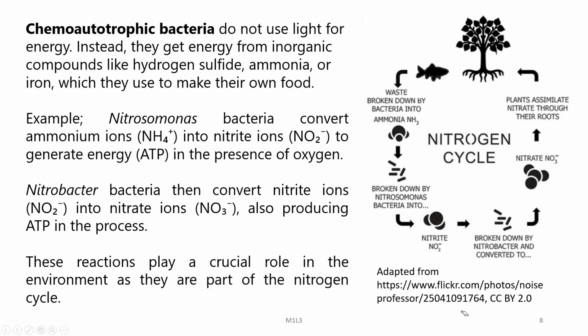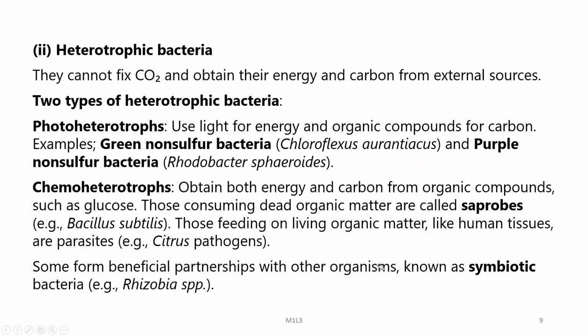These reactions play a crucial role in the environment as they are part of the nitrogen cycle, as you can see in this diagram. Let us now discuss heterotrophic bacteria. These bacteria cannot fix carbon dioxide and they obtain their energy and carbon from external sources. Two types of heterotrophic bacteria are there.